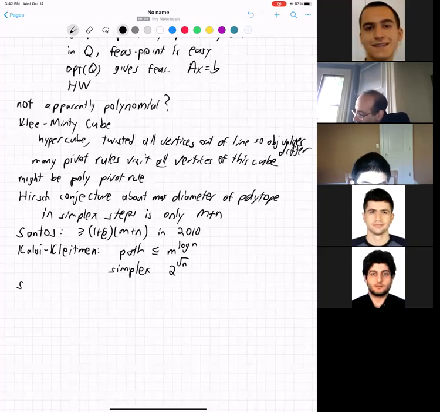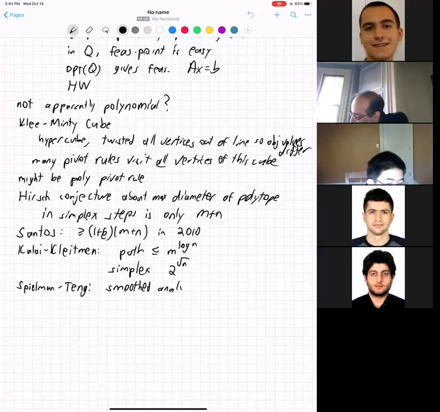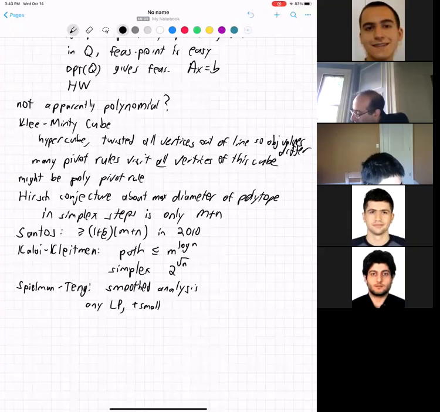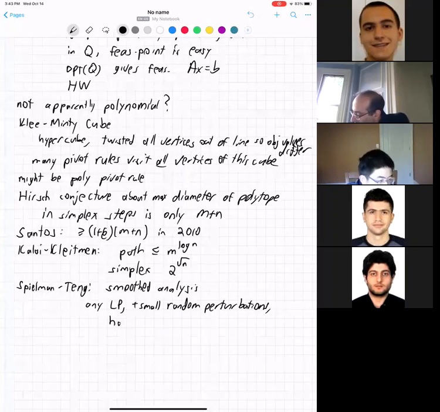We also had Spielman and Tang, who performed what was called a smoothed analysis. They showed that any LP problem with small random perturbations in the constraints has a fast simplex algorithm.